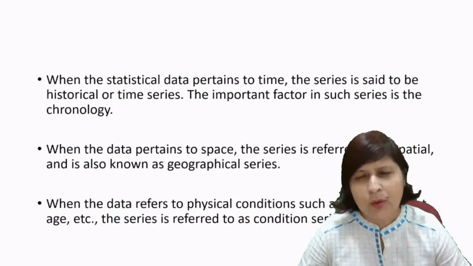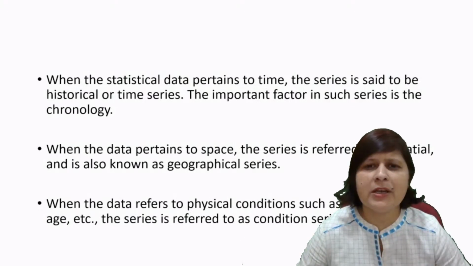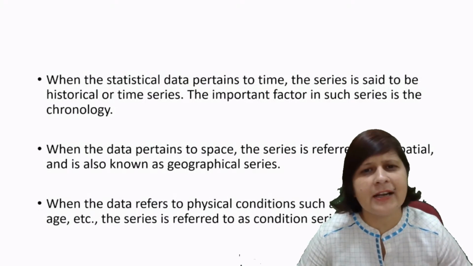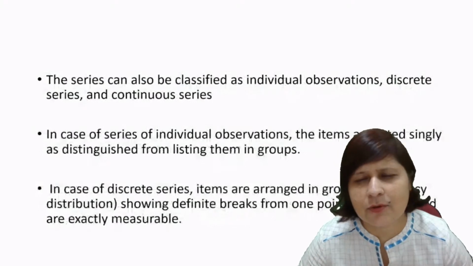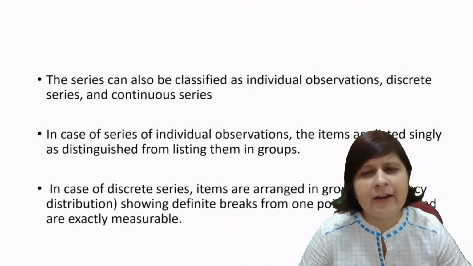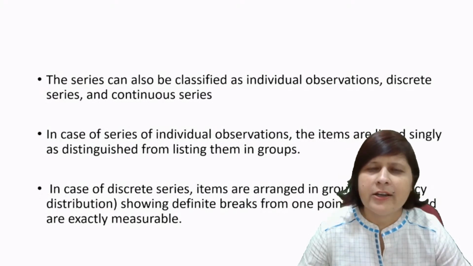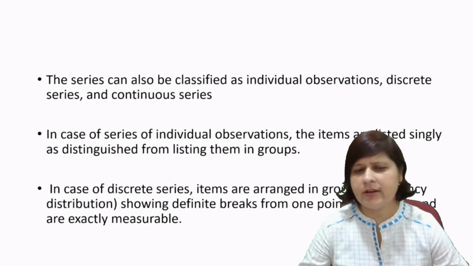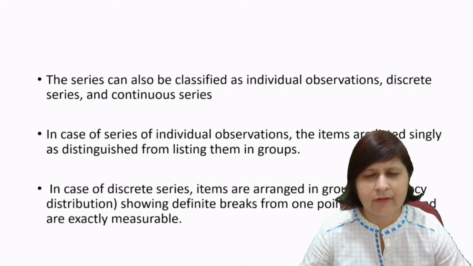What is a series? Any logical arrangement of the data, either in ascending or descending order, is known as a series. The series can be classified as individual observation, discrete series, or continuous series, right?